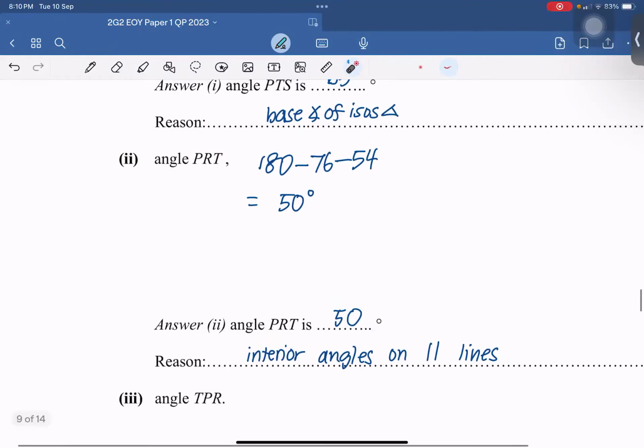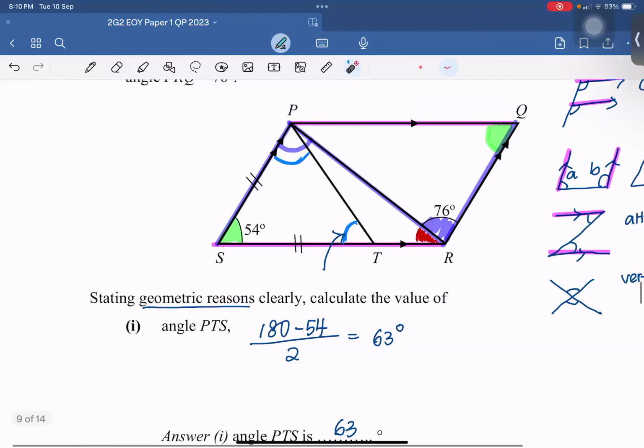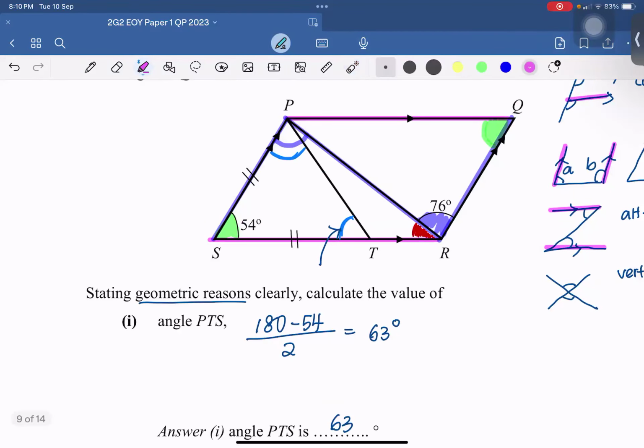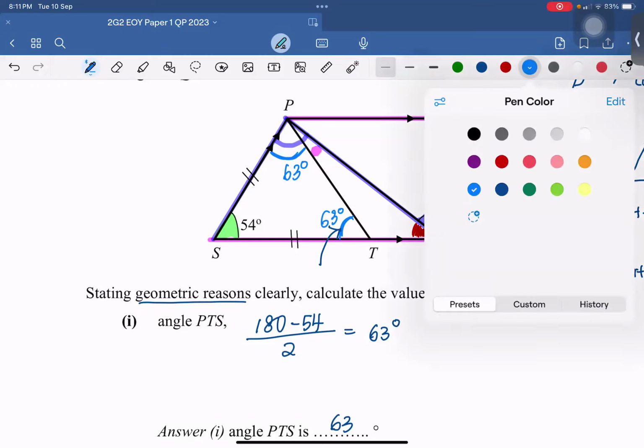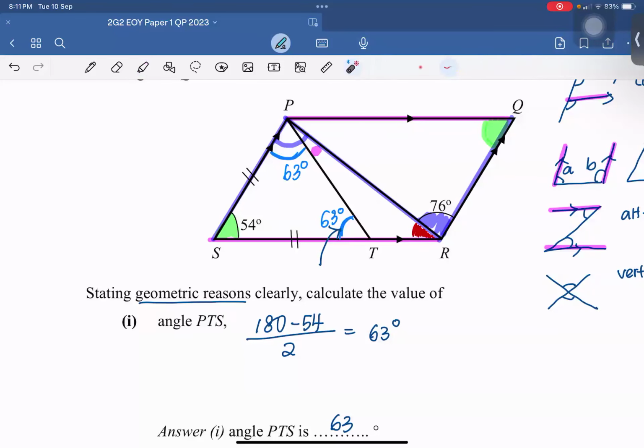Next, find angle TPR. So I have to find the small angle TPR over here. I already know that this is an isosceles triangle. This angle and this angle, somebody left the Zoom. Okay, this angle and this angle, so this is the number 63, so this is also 63. And we know that just now we identified already the alternate angles, so the whole angle here is 76.